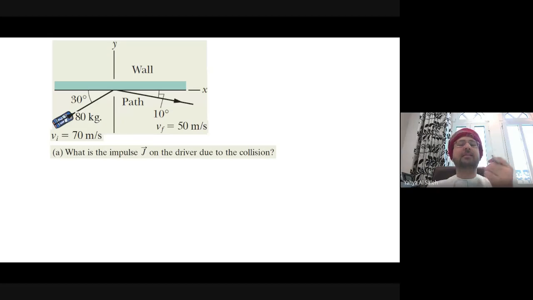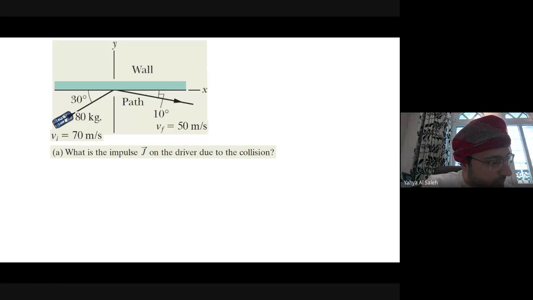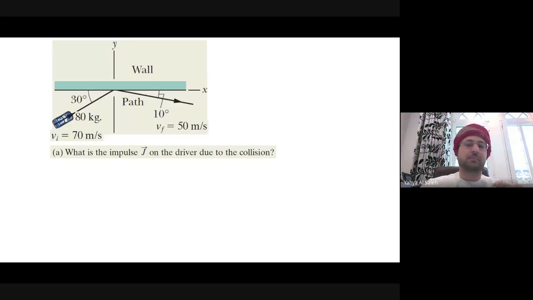Let's consider a car, where I think this example is also in your book. Now, this car comes at 30 degrees.